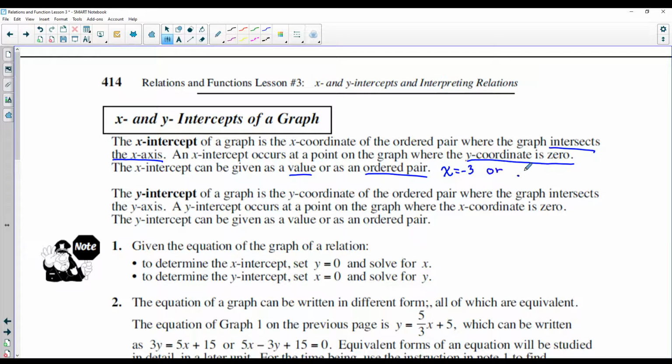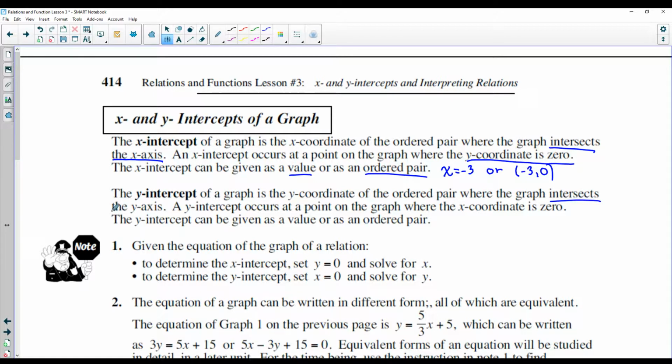As an ordered pair, the point where the graph crosses the x-axis would be (-3, 0). So there's two ways to write it. Just as a value, the x-intercept is -3, or as the actual point where it crosses, where you can see the y-coordinate is 0.